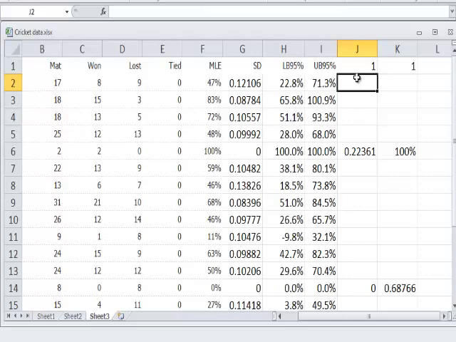So the Bayesian estimator is going to be equal to 8 plus A, which is J1. Oops, I want a parenthesis here.